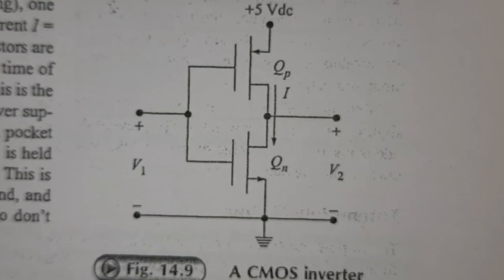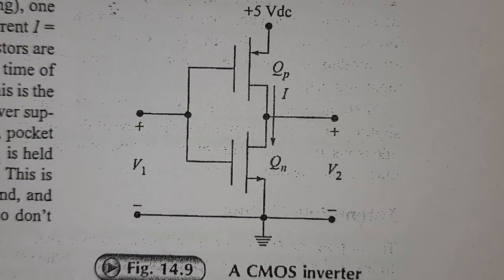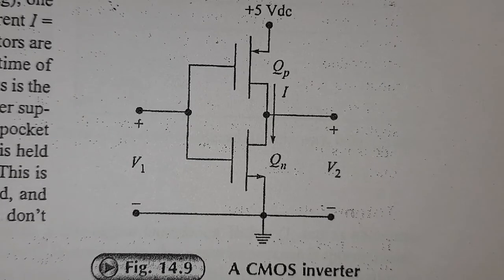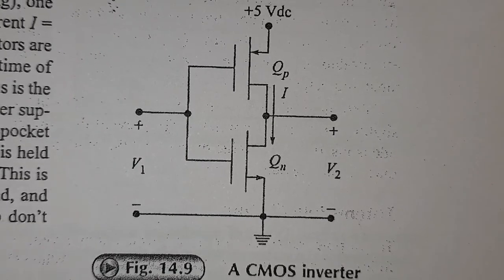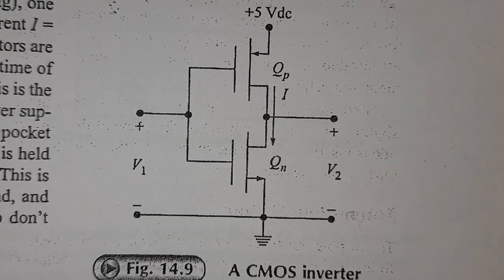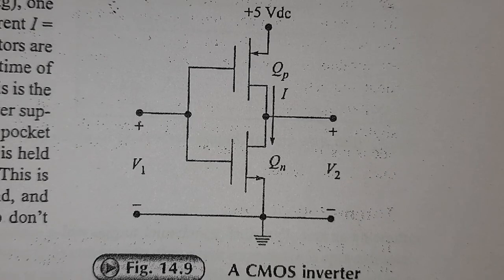Now we will discuss CMOS inverter, NAND gate and NOR gate. We are familiar with PMOS, NMOS and CMOS. Suppose there is an N-channel MOSFET, then it is known as NMOS.